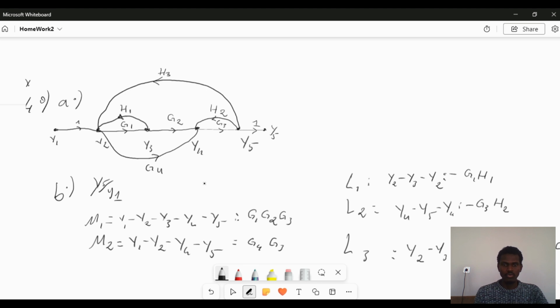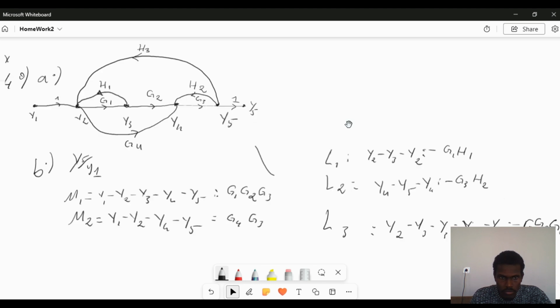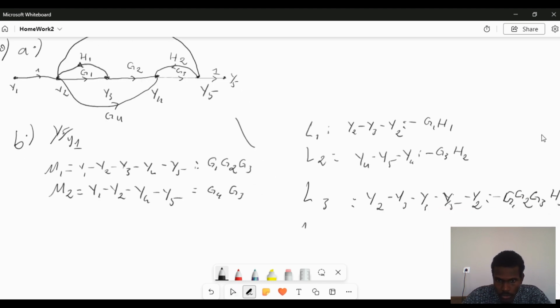So you can see that you have another loop, which we can call L4. L4 is going from y2 to y4, y5, and again back to y2, and here we can write minus G3, G4, and H3.